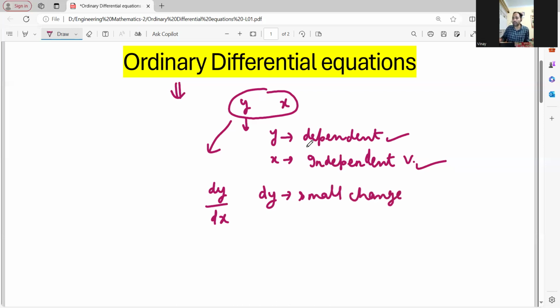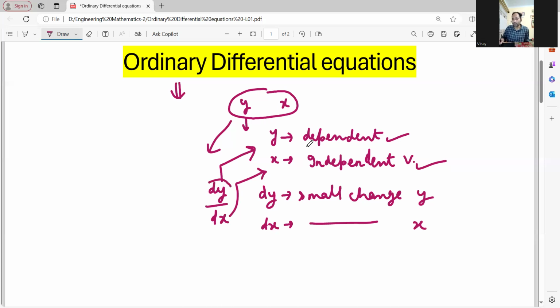A small change in what? In y, and dx is a small change in x. Here I'm going to take y as a dependent variable and x as an independent variable. By the way, we are used to the fact that y is dependent and x is independent, but it may vary, depending on the situation. And dx is a small change in x, right?